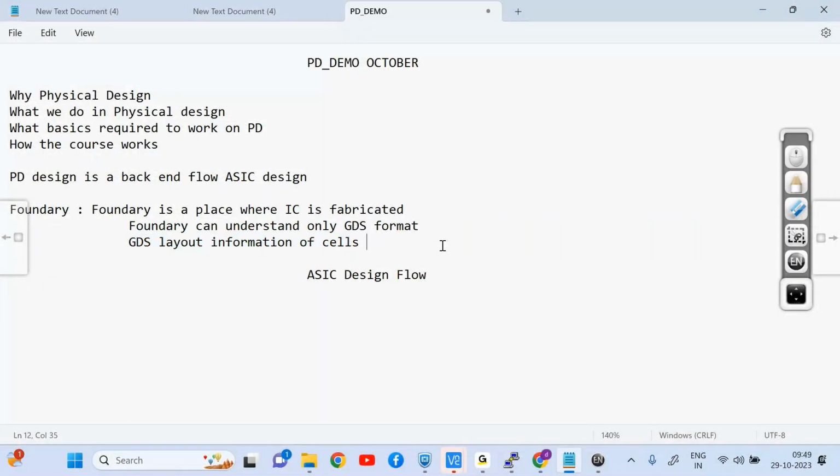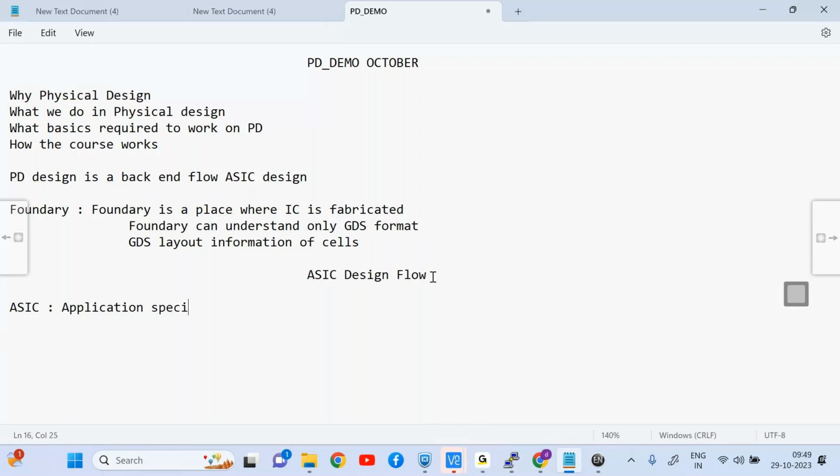So that is the ultimate requirement from the design engineers. Now to understand the exact role of physical design, we want to discuss what is ASIC design flow. What is ASIC? ASIC stands for application specific integrated circuit.